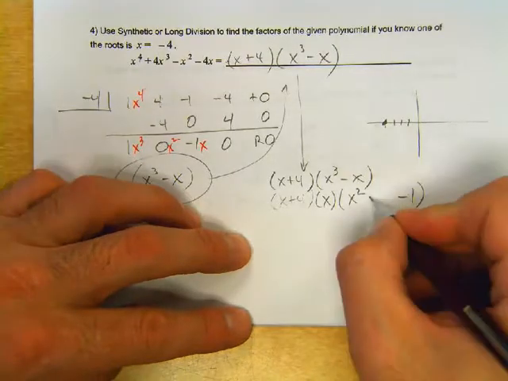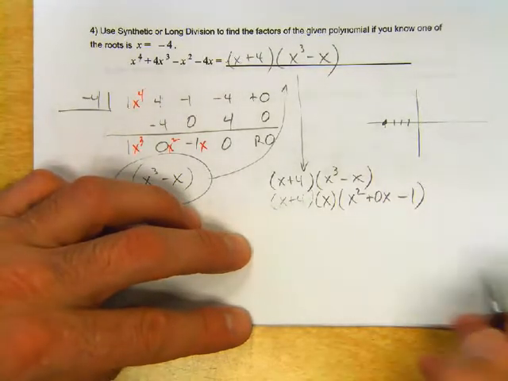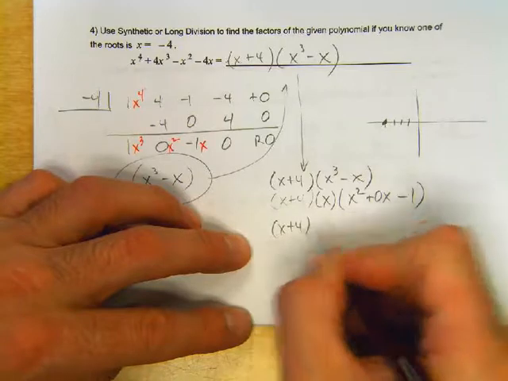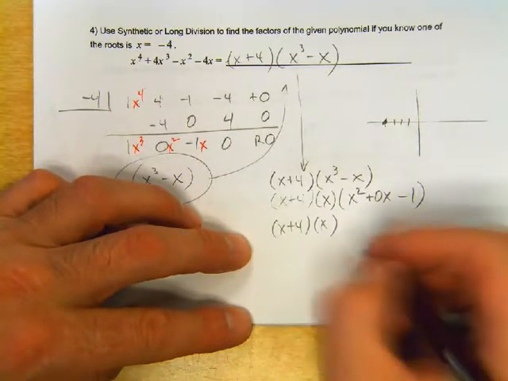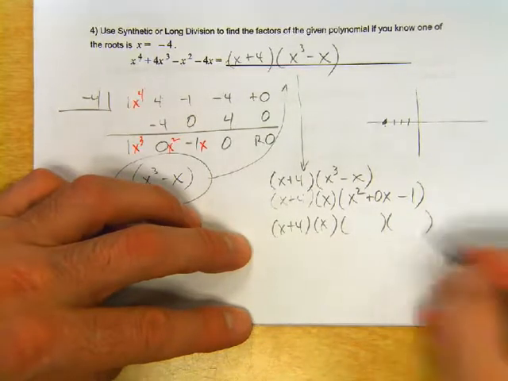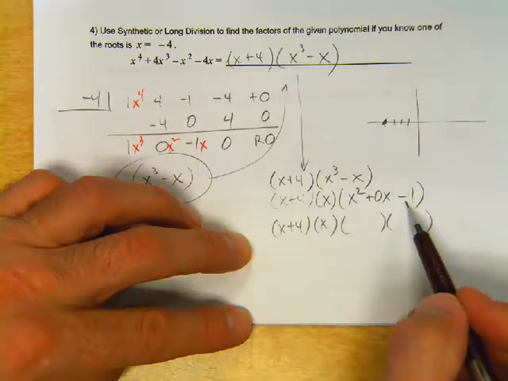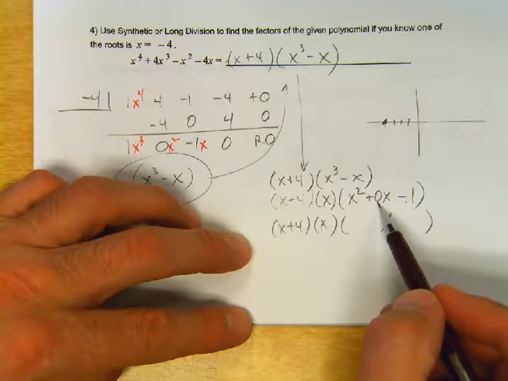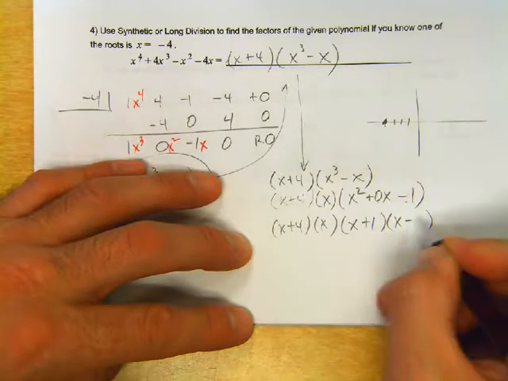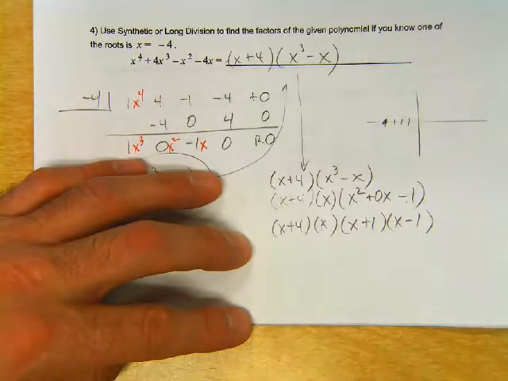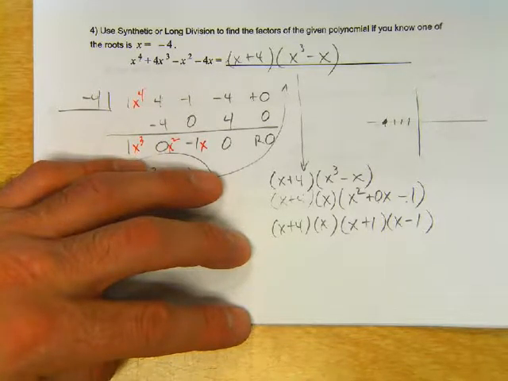So just for fun, I'm going to write in plus 0x. Can x squared plus 0x minus 1 be factored? In other words, are there two numbers that multiply to negative 1 and add to 0? One and negative 1? Yeah. Guess what? We just factored this.